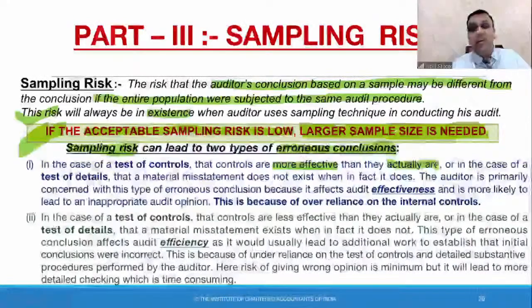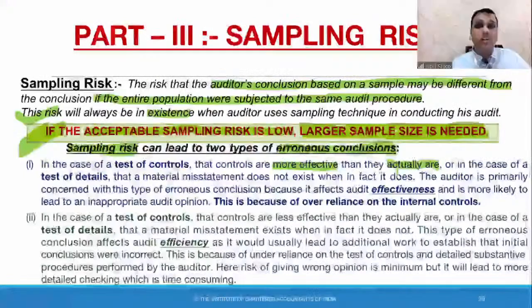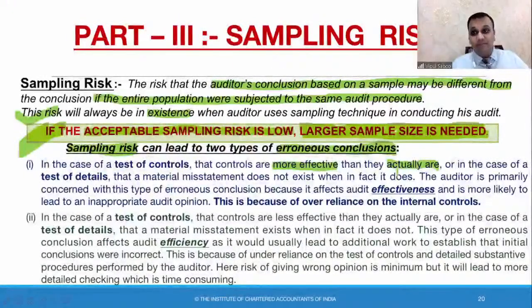The auditor may come to a conclusion that controls are quite effective, but actually they are not effective. Or in the case of a test of details, the material misstatement does not exist, but in fact, it does exist. So the auditor has come to a conclusion that the controls are effective, but actually the controls are not effective.